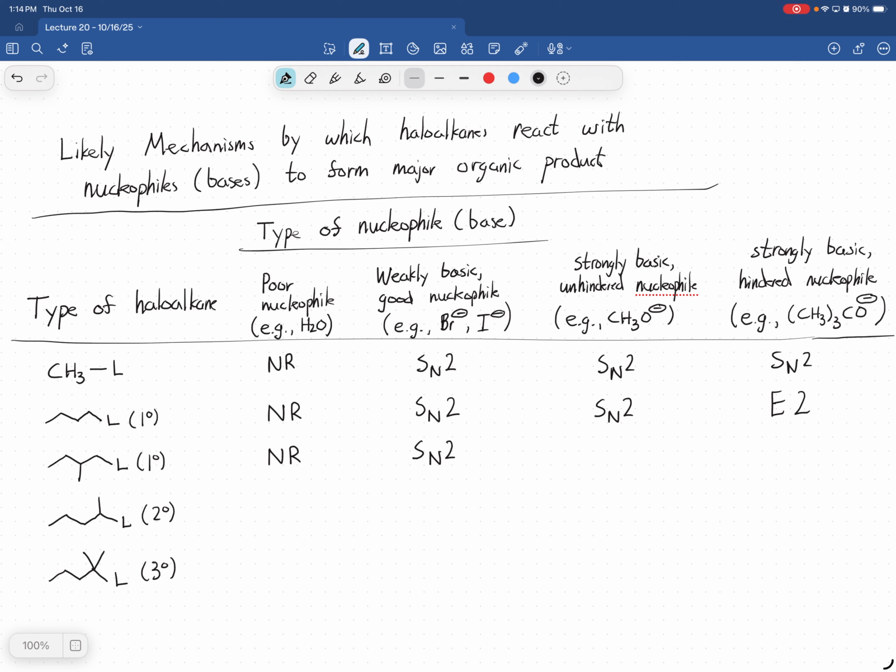But now, when we try to do a strongly basic nucleophile here, both cases, you're going to get E2 for both of them. All right? And that's because now it looks like a pseudo-secondary position because of the hinderedness, the steric bulk there. So that's why it turns to E2 for both of these.